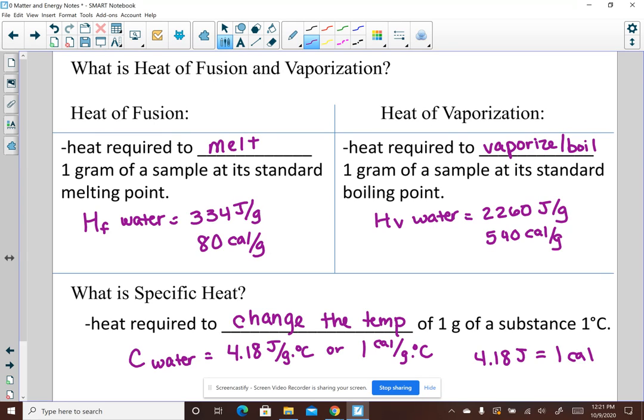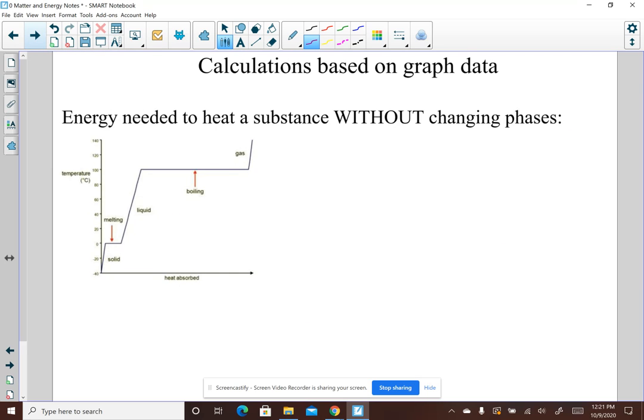Okay, so let's connect all of this information to our heating curves. If I'm not changing phases, I'm talking about these 3 areas where I have my solid and my liquid and my gas. And what they all have in common is that they're in a single phase, and as I add heat, the temperature is going up.